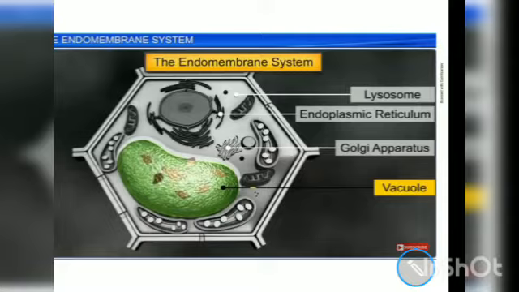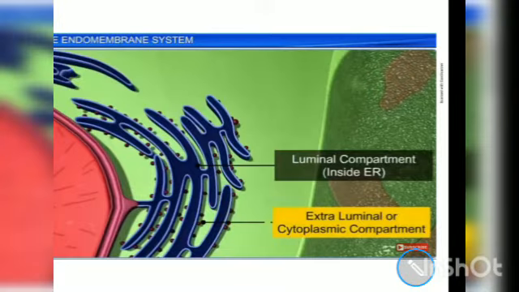The endomembrane system of the cytoplasm generally consists of four main organelles: endoplasmic reticulum, Golgi apparatus, lysosome, and vacuoles. You can see their location in the cell in this diagram. First we have to discuss what the endoplasmic reticulum is.